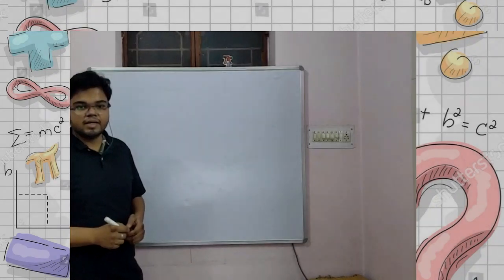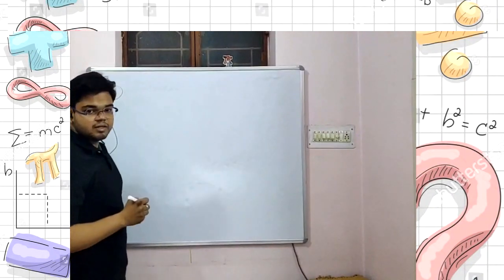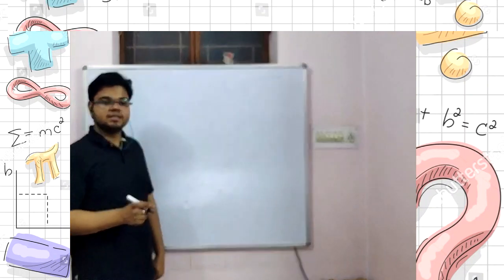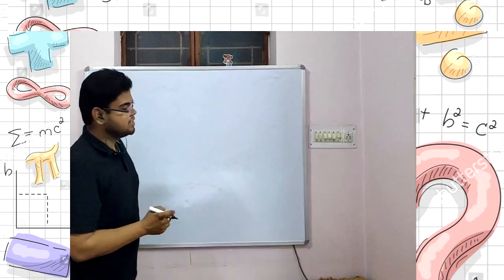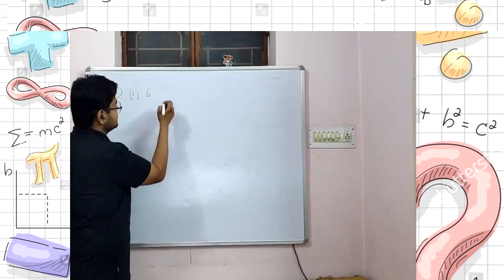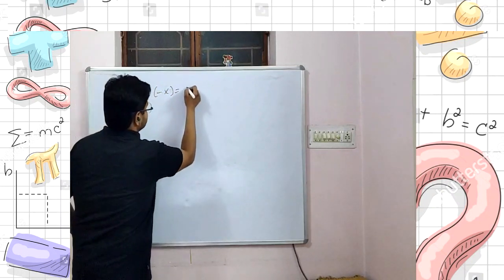Now children, in the third question, we have find the value of x that makes the statement true. So in the first part we have 6 into minus x equals minus 24.